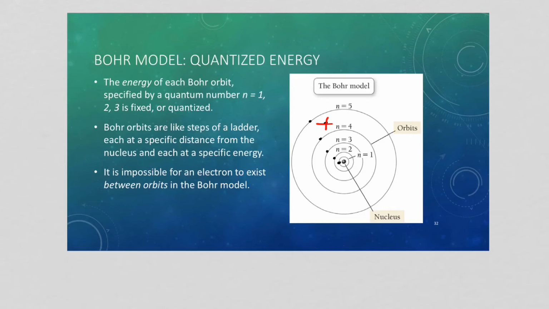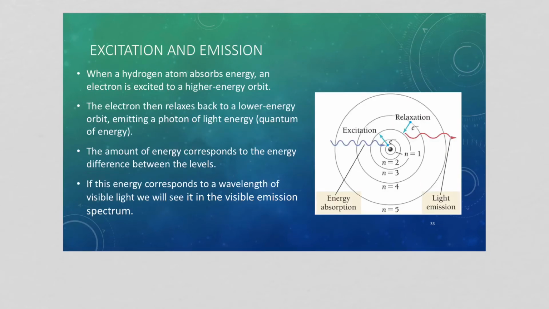So, how does that help us explain our emission spectrum? Well, if we look at what we propose happens during this process, the idea is that when we put energy in, like electrical energy, electrons will get excited.